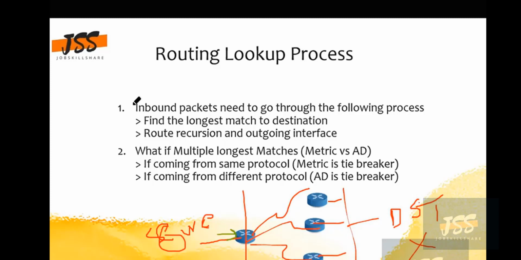The first thing, as mentioned, is that inbound packets need to go through the following process. Find the longest match to the destination. This is our first step. After it finds the longest match, either it could go through the recursion process or it will go to the outgoing interface.